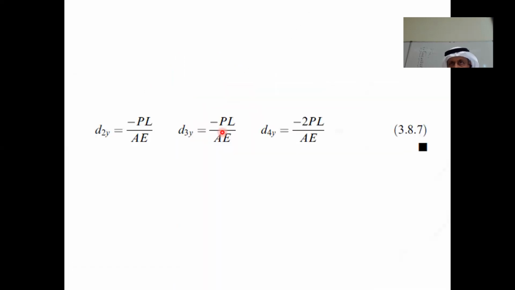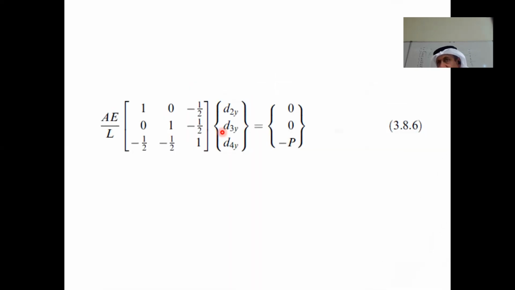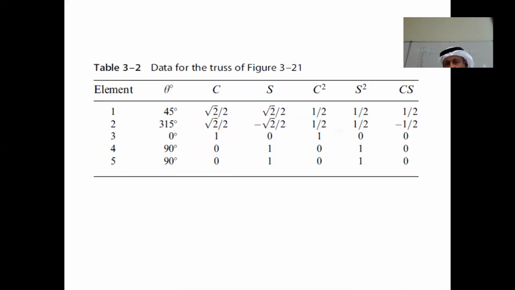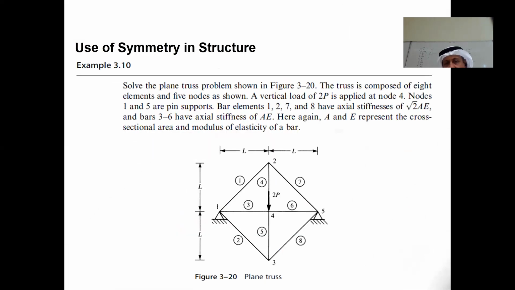If there was a horizontal load, then the horizontal displacements would also have been unknown. For example, if you put a horizontal load on node 4 along with the vertical one, then this is not symmetric, right?